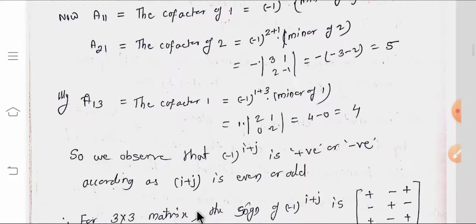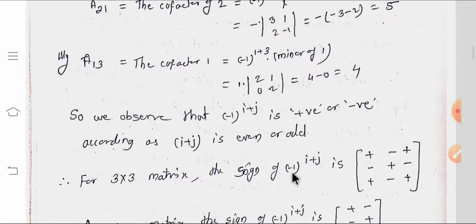For a 3 cross 3 matrix, we know the sign of minus 1 raised to i plus j is positive, negative, positive, negative, positive, negative, positive, negative, positive.